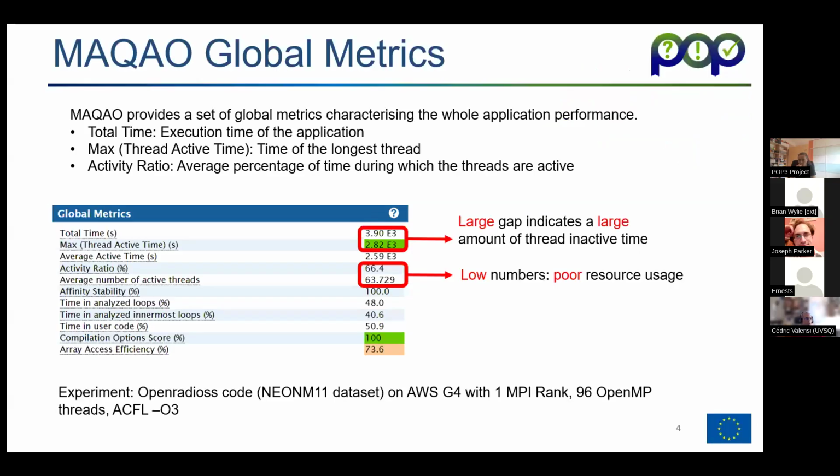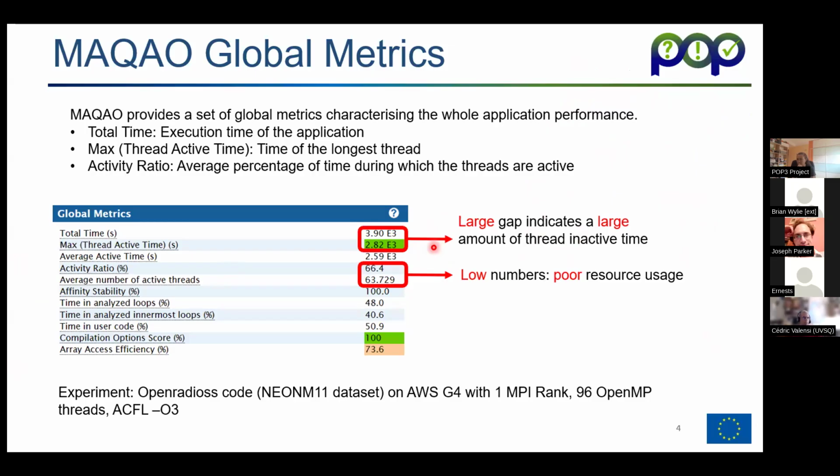This first one was OpenRadius. Macao can provide high-level metrics that characterize the whole application. For instance, we can provide, of course, the execution time, but also the time of the longest thread. If we compare those, we can identify right away that there is some issue, probably because some of the threads were running inactive for some time.